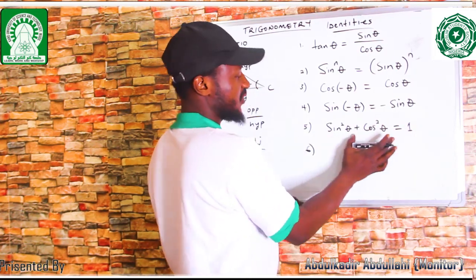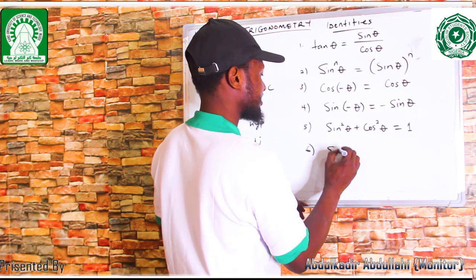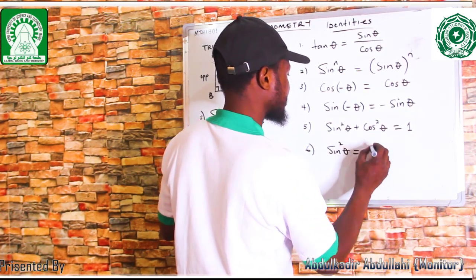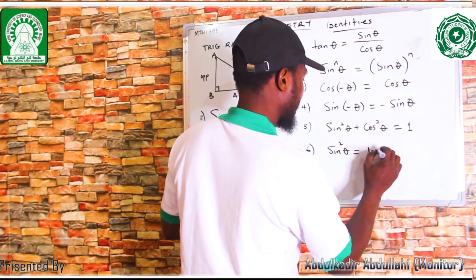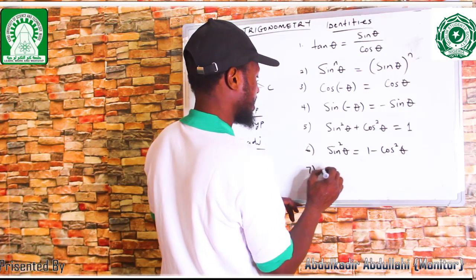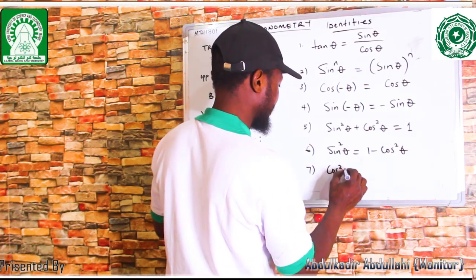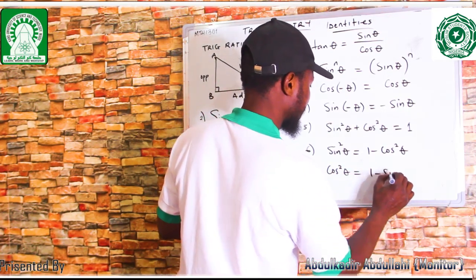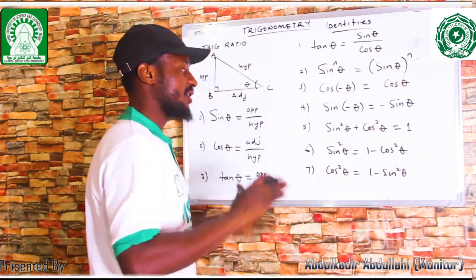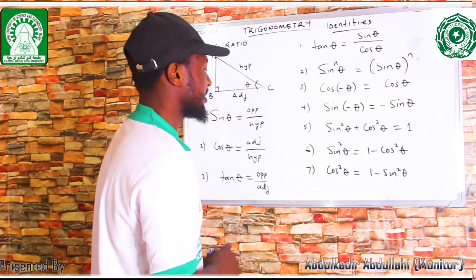Also, from this one, I can say that sine square theta is the same thing as 1 minus cos square theta. Also, cos square theta is the same thing as 1 minus sine square theta. These 3 identities are very important.